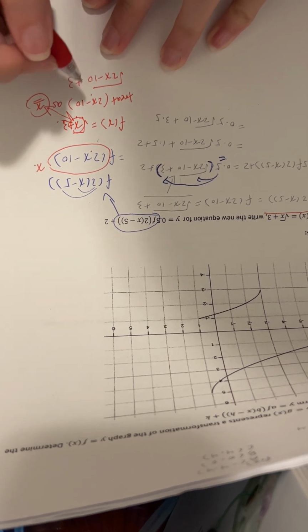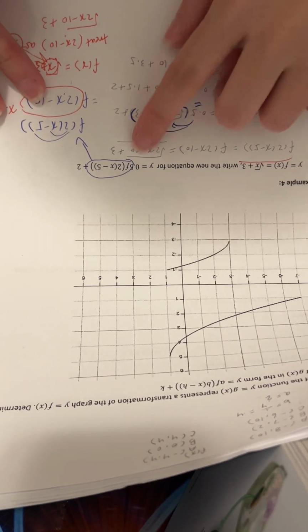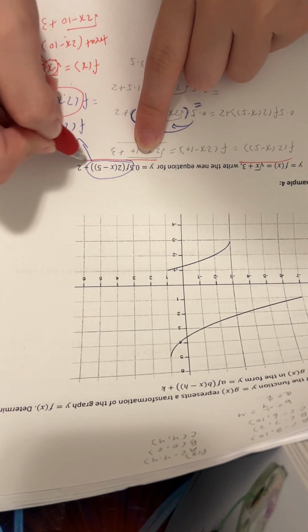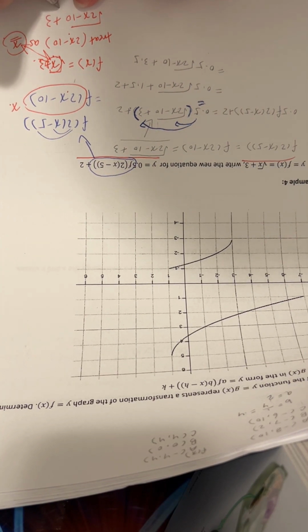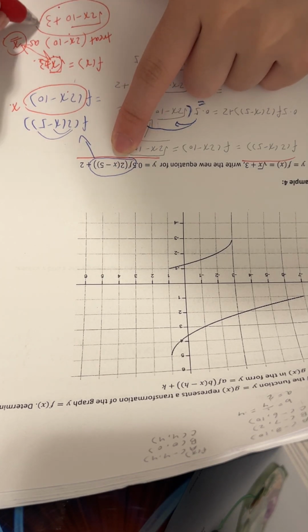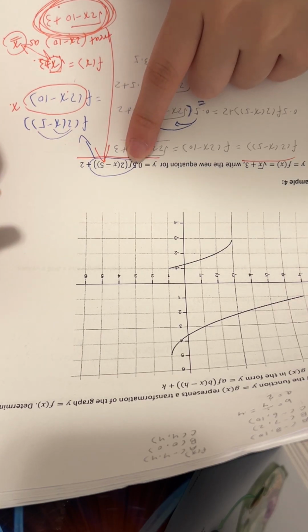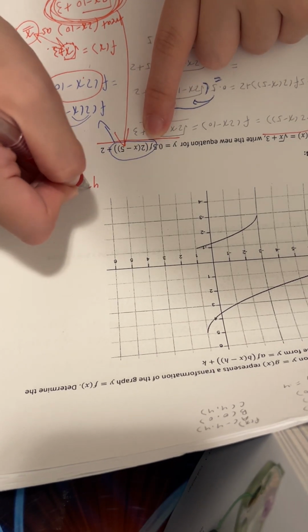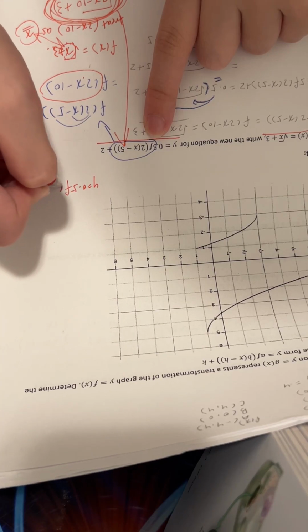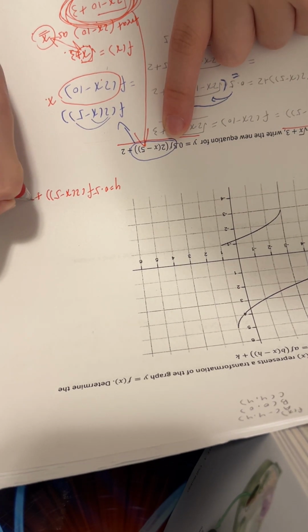That's how we got to this step. And then we plug everything back into the original equation: y equals 0.5 f of 2x minus 5 plus 2.